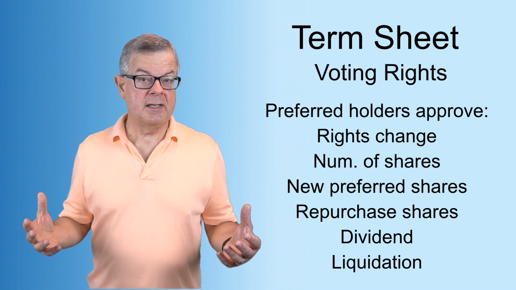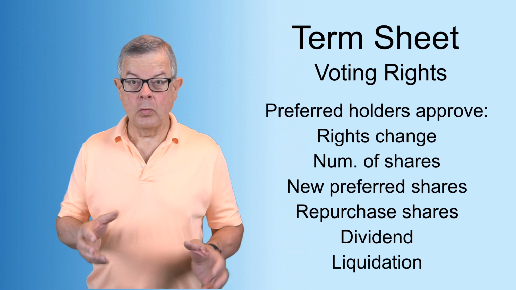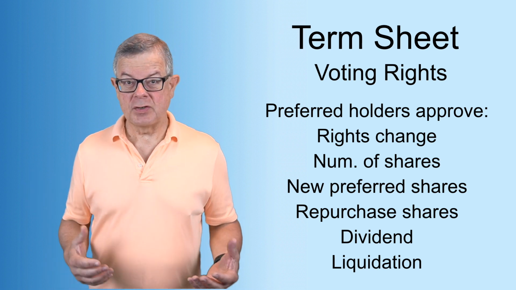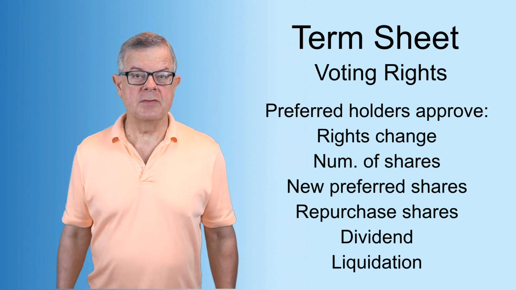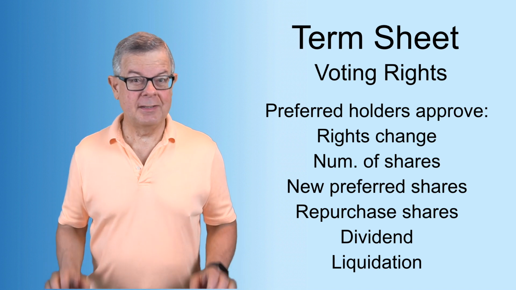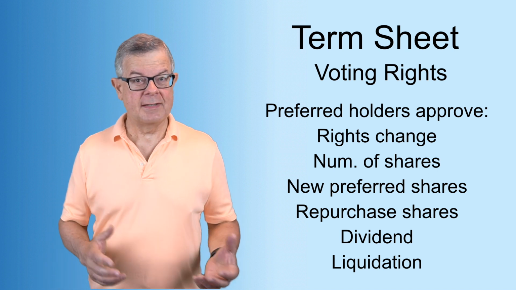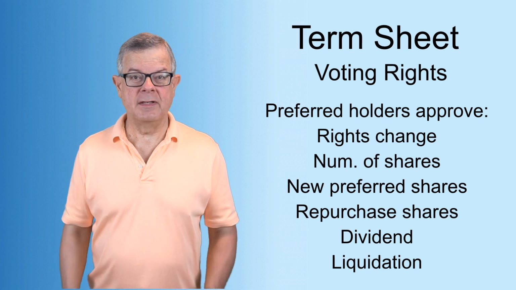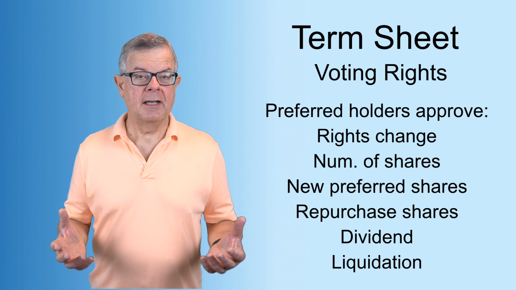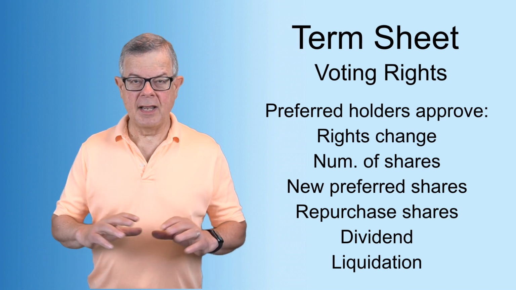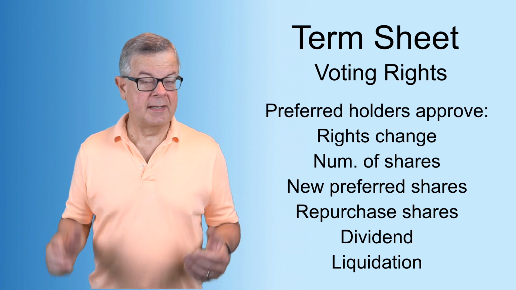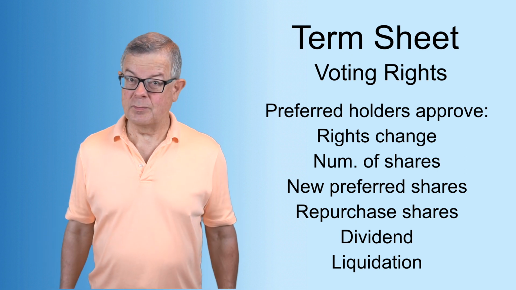New preferred shares being issued at the same rights level or more rights than what they have, they get to approve that. The repurchase of shares, if the company's looking at repurchasing shares, they get to approve that. Declaring a dividend, something that generally does not happen in a seed situation, but were the company to want to do that, they would get a vote on whether or not that's okay. And then finally, the liquidation, a vote on any kind of a liquidation, a shutting down, an acquisition, and so forth. They get to approve or disapprove of that.